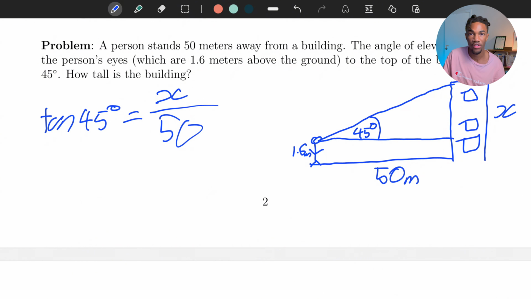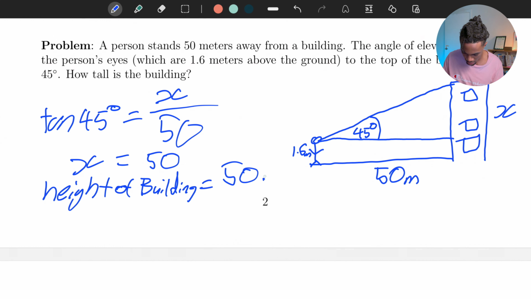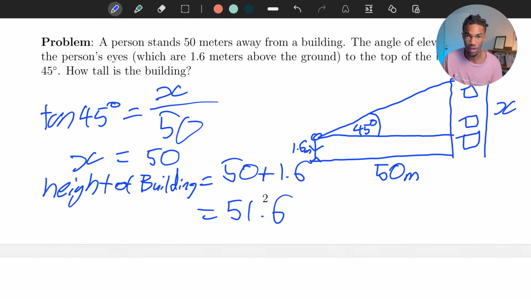Same thing as before. x equals tan 45 degrees times 50. x equals 50. And then the height of the building equals 50 plus 1.6, that equals 51.6. Okay, let's move on.